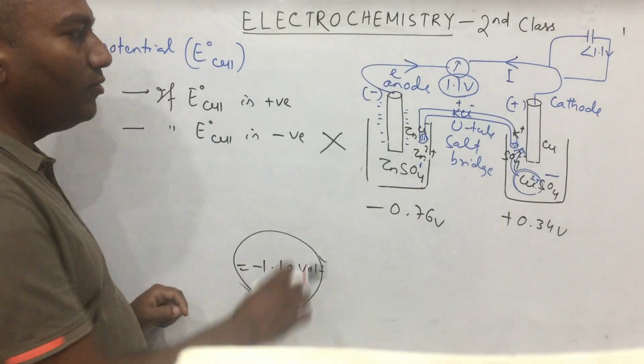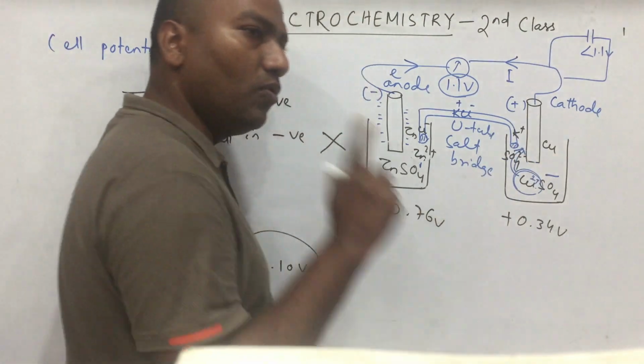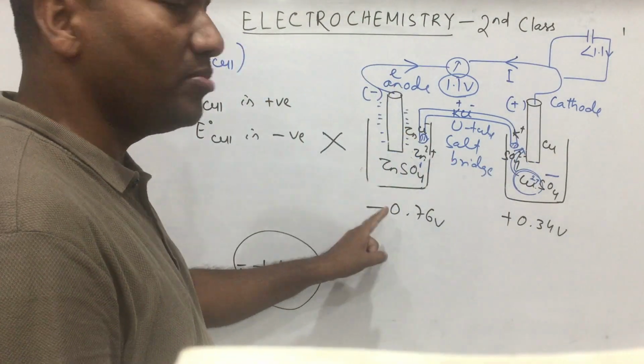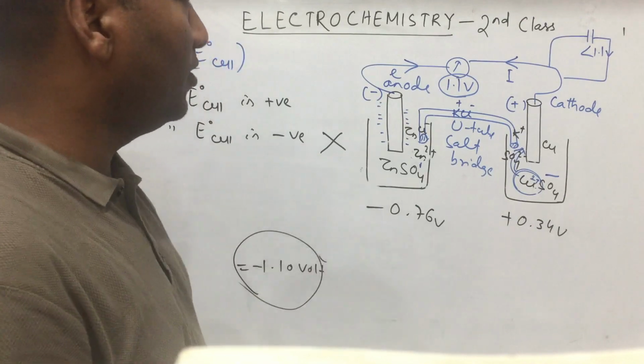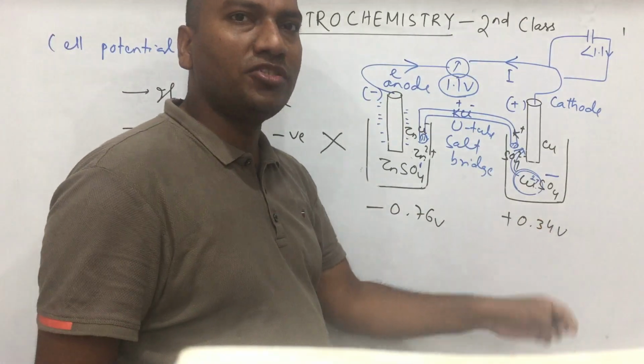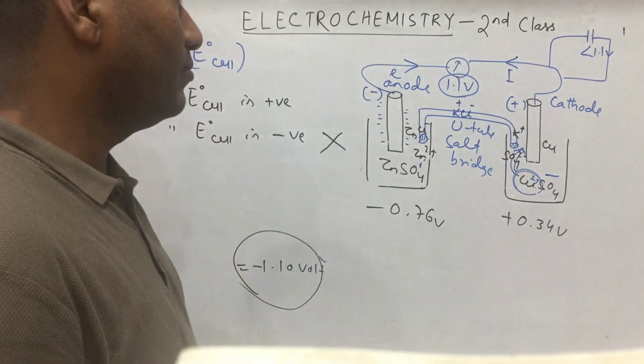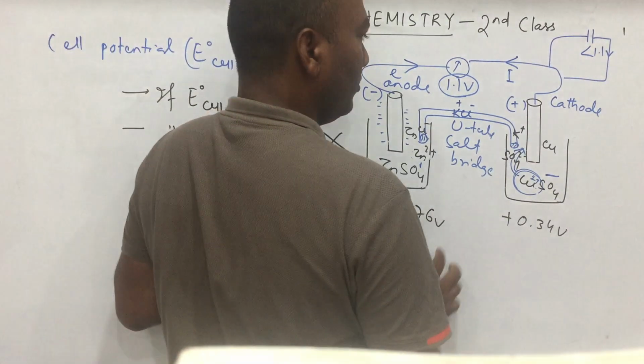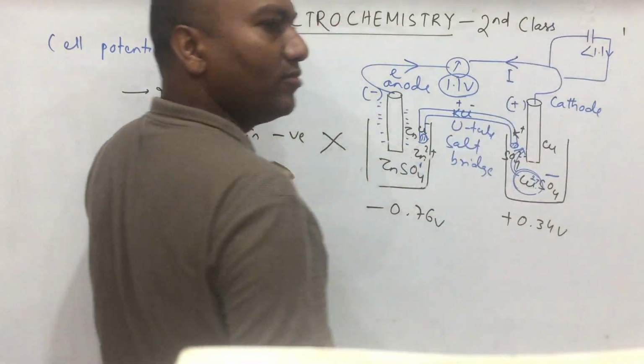So that's why when zinc and copper are given, zinc is always used as anode, because its E° value is minus 0.76 volt and copper E° value is plus 0.34 volt. Got the idea? Clear?